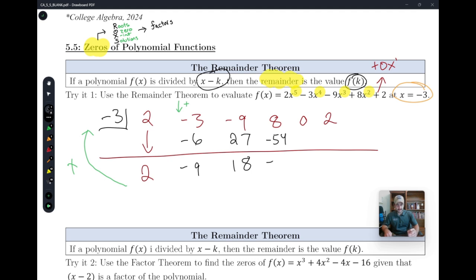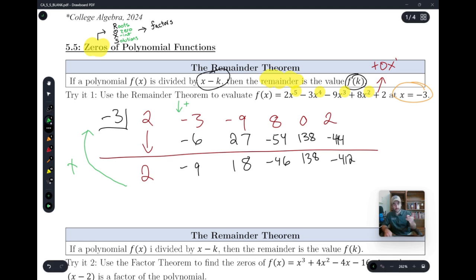Negative 54 plus 8 is negative 46. Negative 46 times negative 3 is 138. Add those, that's an easy add, 138. Kind of a longer one, 138 times negative 3 is negative 414. And then if you add those two things together, you get negative 412 as your remainder.